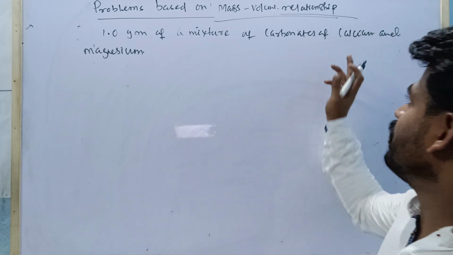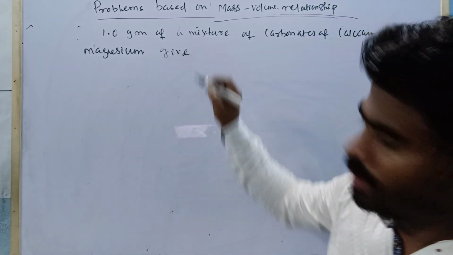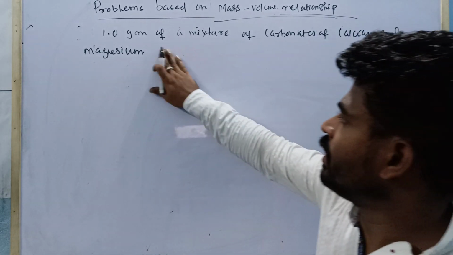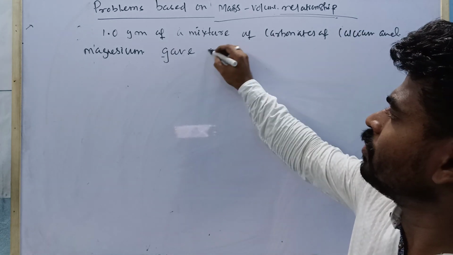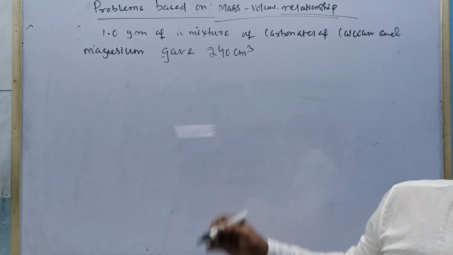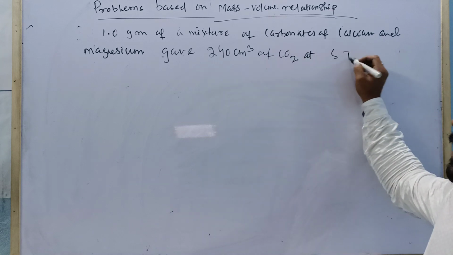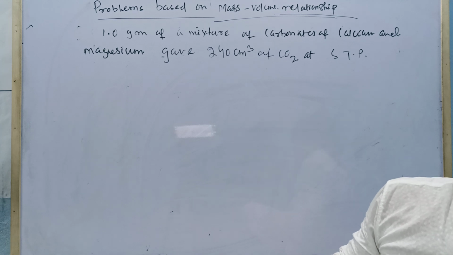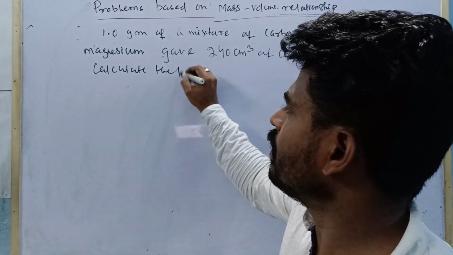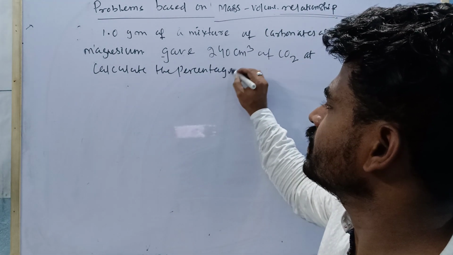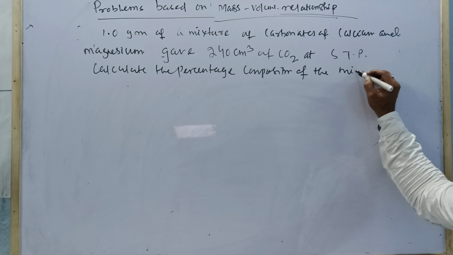So carbonates of calcium and magnesium gave 240 cm3 of CO2 at STP or NTP. Calculate the percentage composition of the mixture.